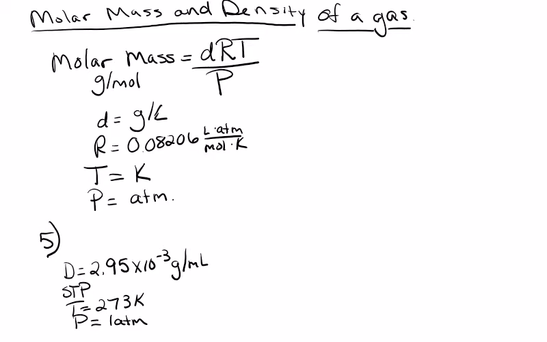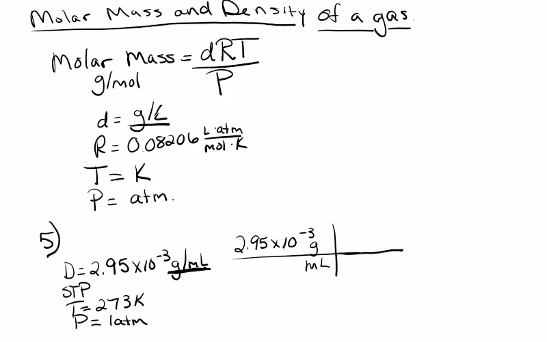The only issue is take a look at your units for density. Here they're listed as grams per milliliter. We want to make sure they're in grams per liter. So we first have to do a conversion. We will write 2.95 times 10 to the negative third grams, and I like to write the milliliters on the bottom like that.